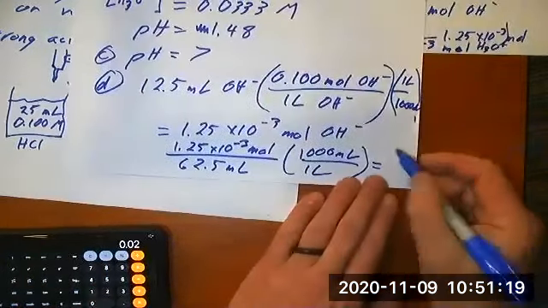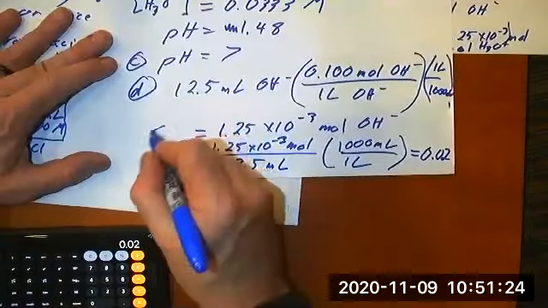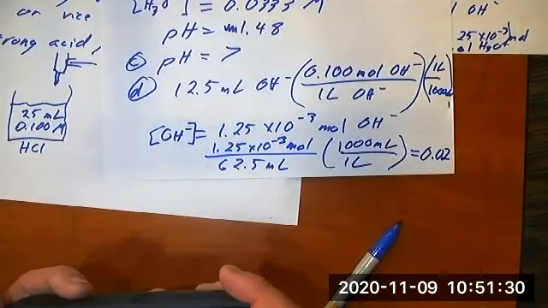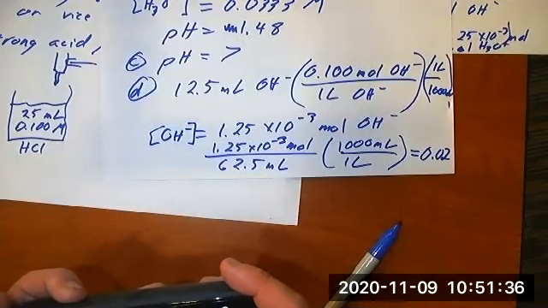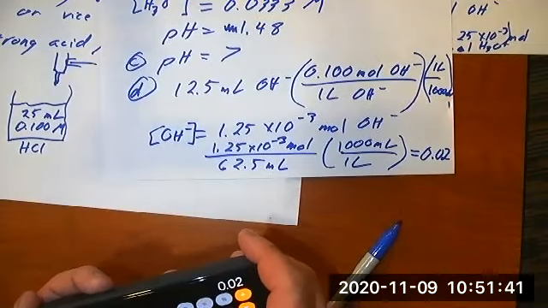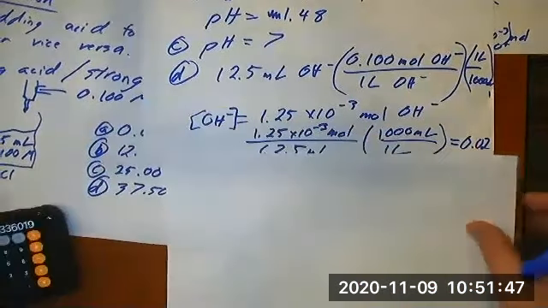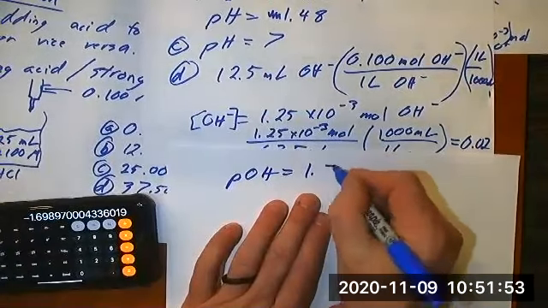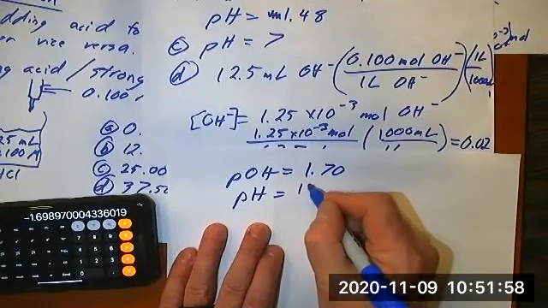Did I do that right? 0.02. And that is our concentration of hydroxide. I want to double check that. 1.25 times 10 to the -3 divided by 62.5 times 1,000. Nope, I did that right. And so our pOH at this point is 1.70, which means that our pH is 14 minus that, or 12.30.